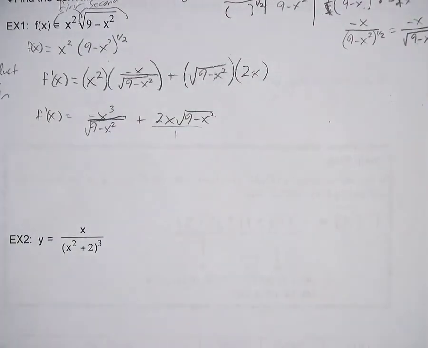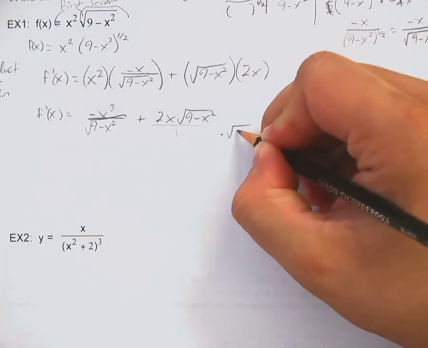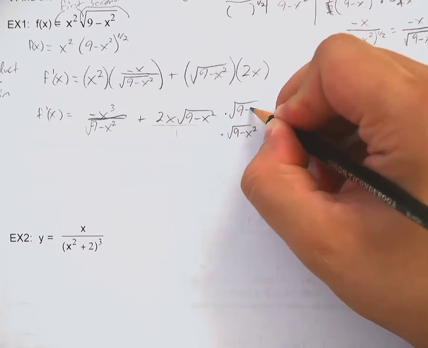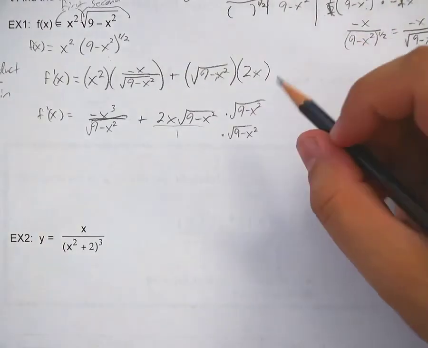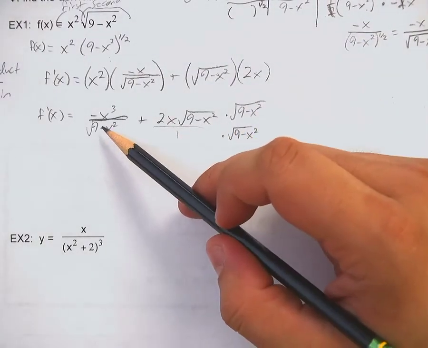And what does it take to add fractions together? It takes a common denominator, doesn't it? So I'm going to multiply the top and the bottom by the square root of 9 minus x squared. I'm going to multiply the top and the bottom by this denominator to make it the same.